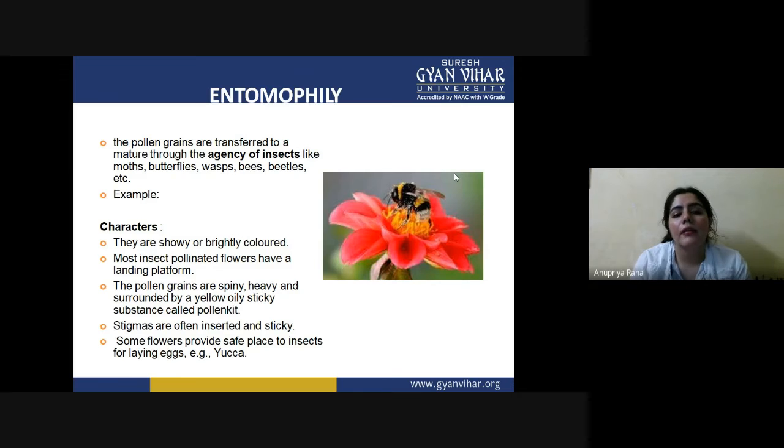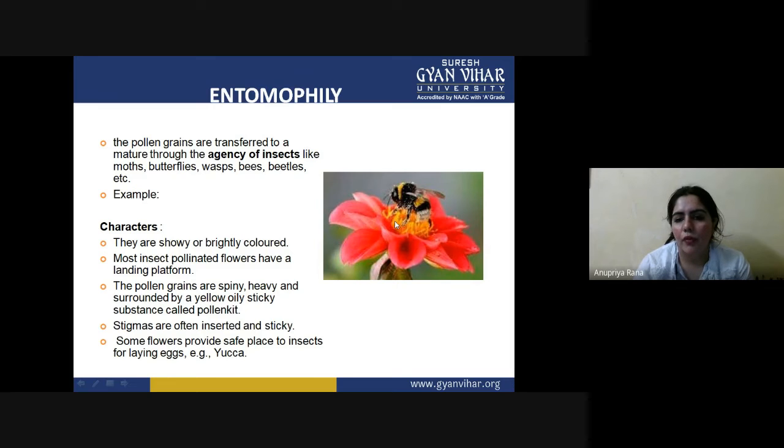So what are the characteristics required for entomophily? First is they are showy or brightly colored. They are needy ones, so that's why they need very bright and beautiful colored petals, and they should be very large sometimes. Most insect pollinated flowers have a landing platform. So this landing platform is needed, like this. This is a landing platform on which this bee is sitting.